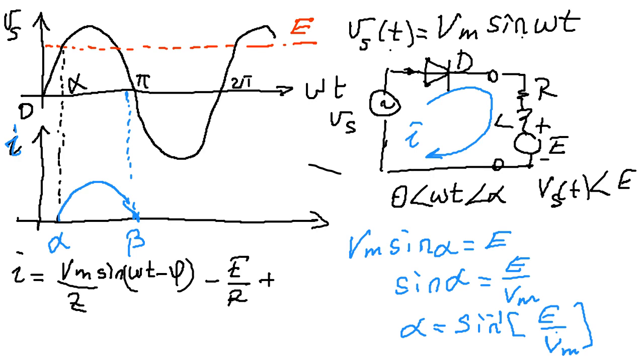Of course, tau is L over R. We all know that.